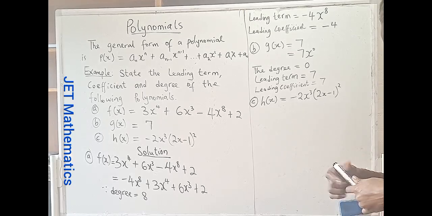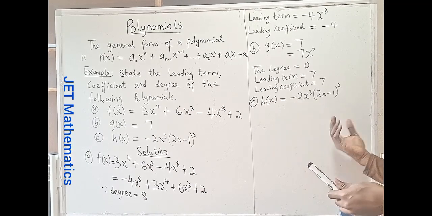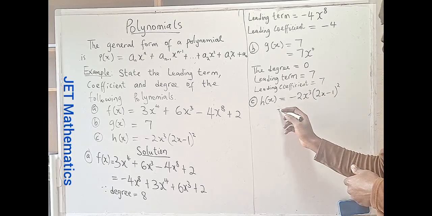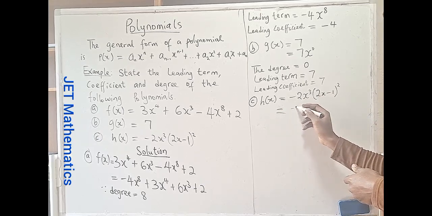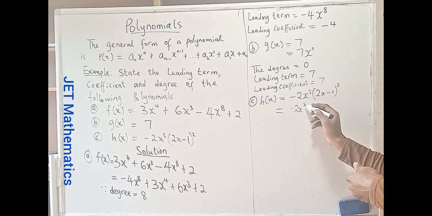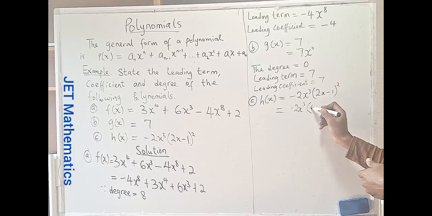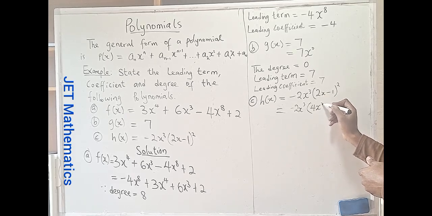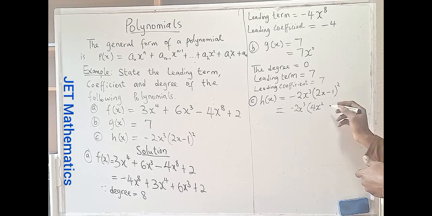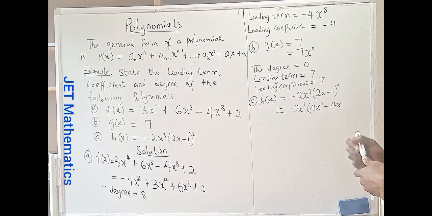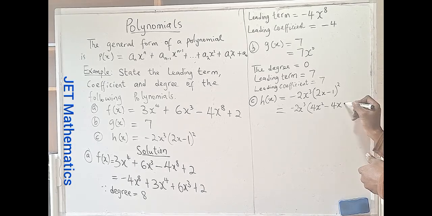So what you do in this case, first of all, is expand these terms. If we expand, we have minus 2x cubed. Multiplying this, you have 4x squared minus 4x plus 1.